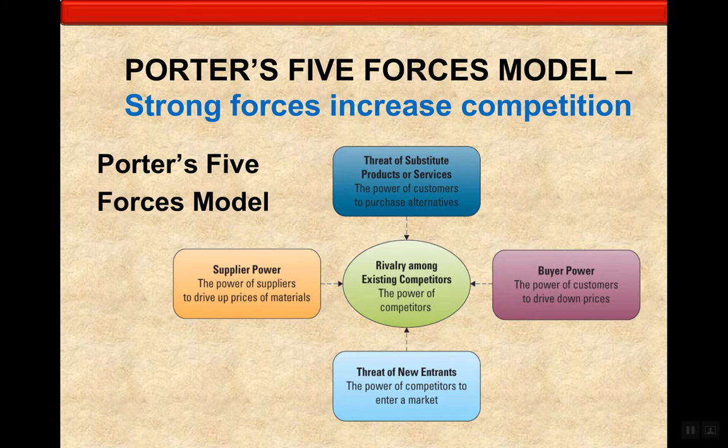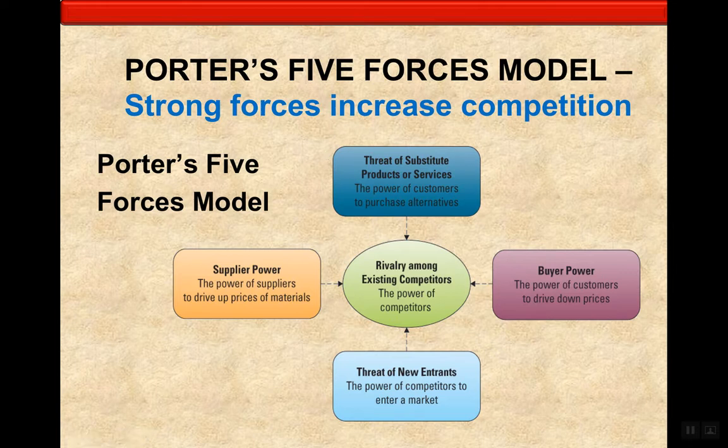Suppliers are operating to bring prices up, and then you've got two outside threats: substitute products or services, and new entrants.